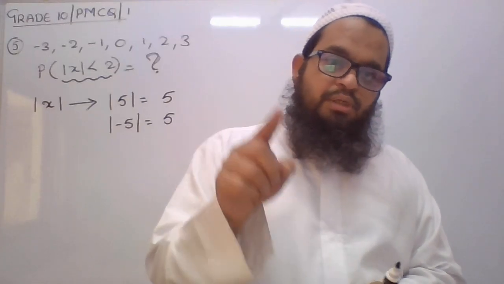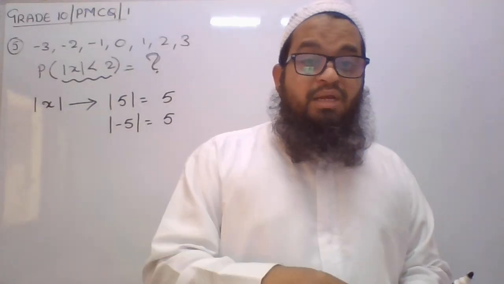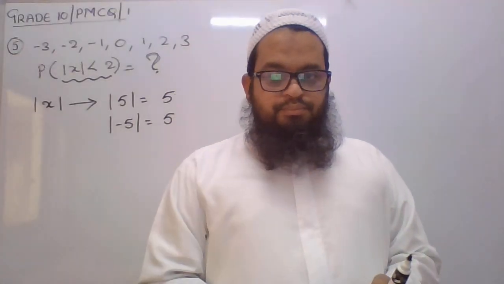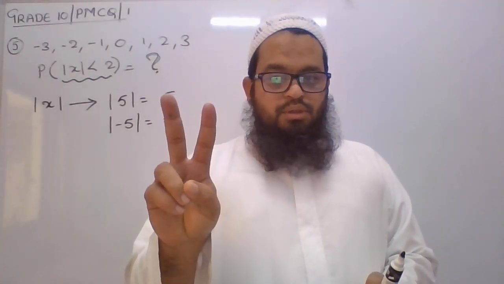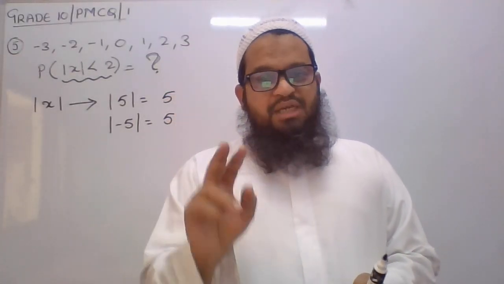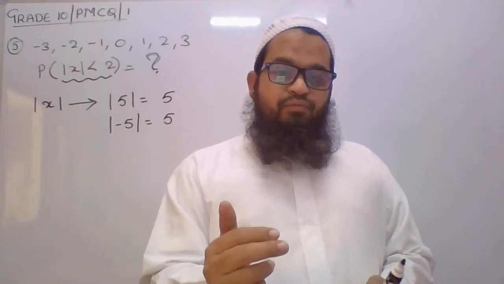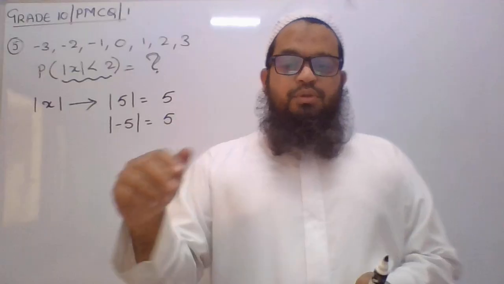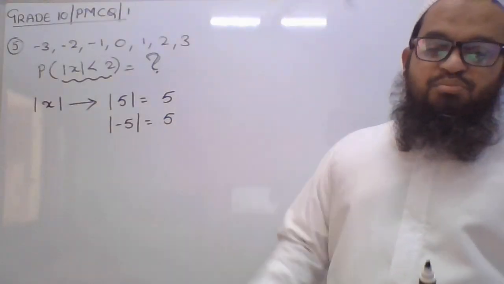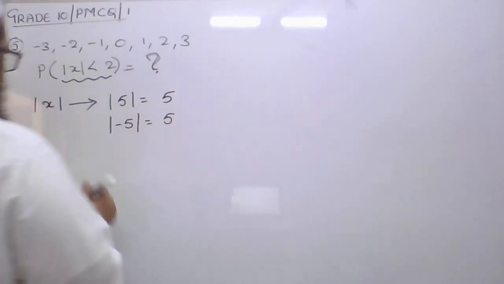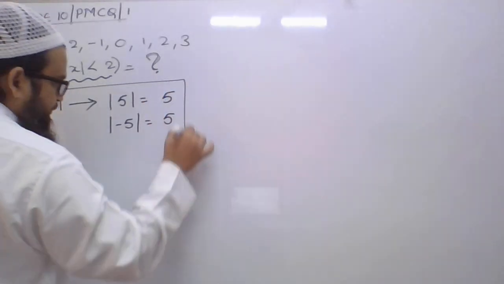Your position with respect to the ground floor is -2. But how many floors have you descended? 2. Understood or not? The position is -2, but when I ask how many floors you have descended, it is 2. So modulus means the positive value. It is an explanation. Understood? So this you have to remember.